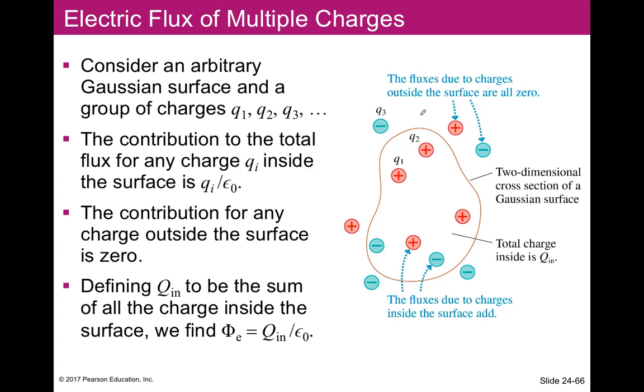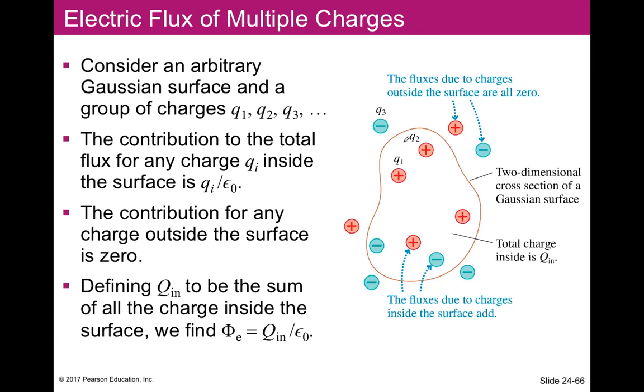Those charges outside don't make any contribution to the net flux, because any field line generated, for example, by Q3, which is outside the surface, when it goes into the surface, it must go out from the other side of the surface. So for the charges outside the closed surface, they don't make any contribution. Only the inside charges make a contribution to the net flux.